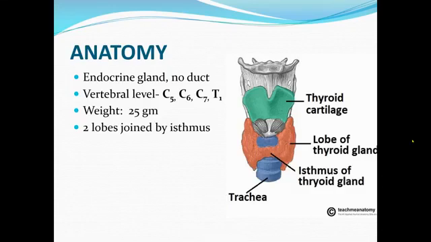Vertebral level of the thyroid gland is cervical 5, 6, 7, and first thoracic. The isthmus level along the midline is the second, third, and partly fourth tracheal ring, not a vertebral level.